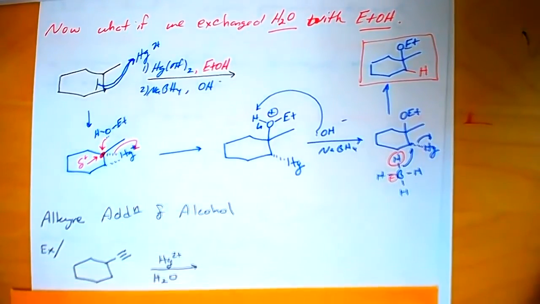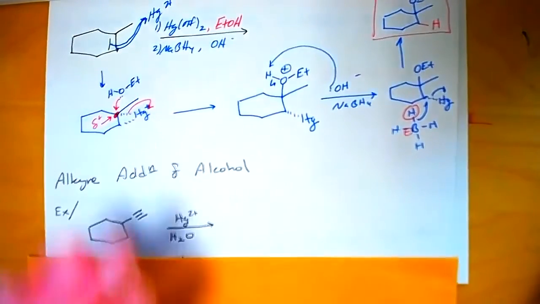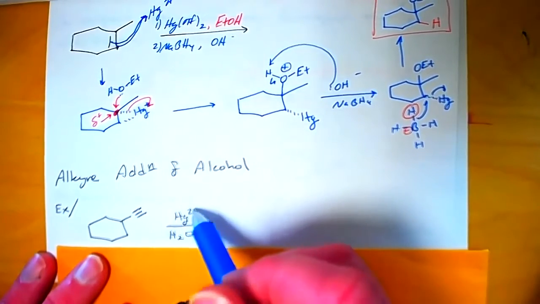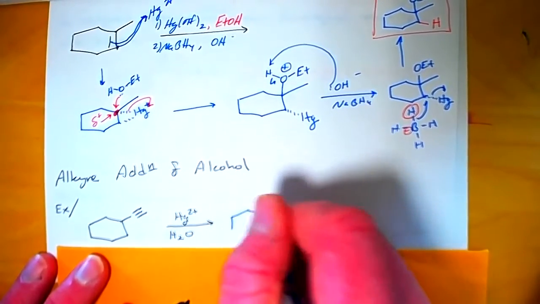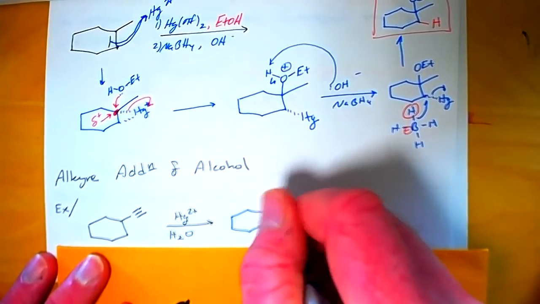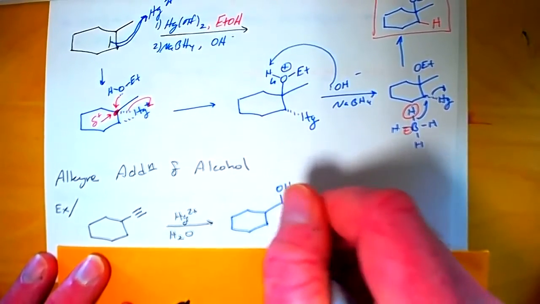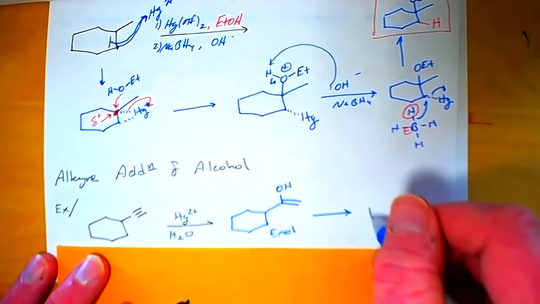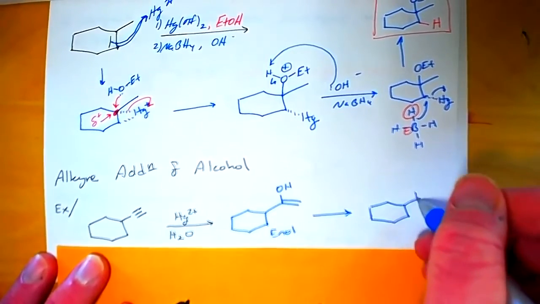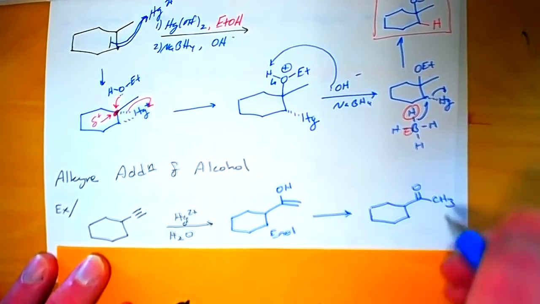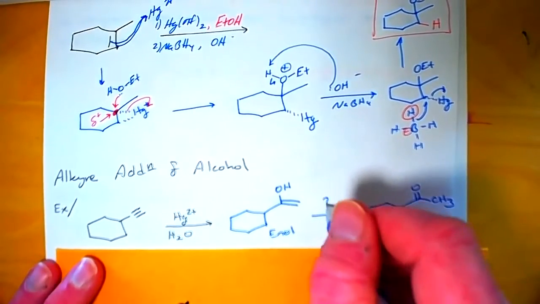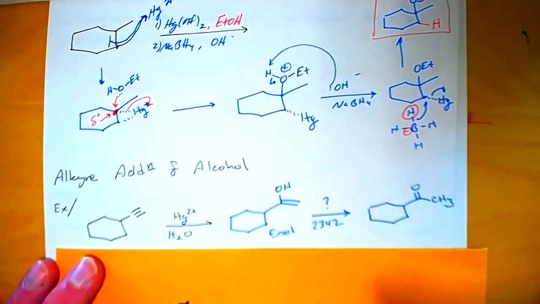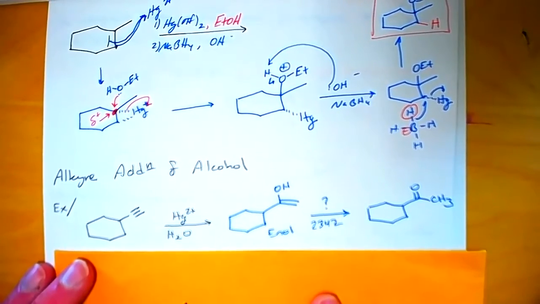Now, just kind of a footnote on this as well, you can do similar chemistry with alkynes in that, if you remember, we said if you take mercury and water with an alkyne, that'll do a Markovnikov addition with the alkyne. It ends up producing an enol, and we said that that enol is going to rearrange into this ketone. This right now, you don't need to worry about how that works. That's going to be something that we're going to talk about in 2342 as well. I just want to mention it here, okay?